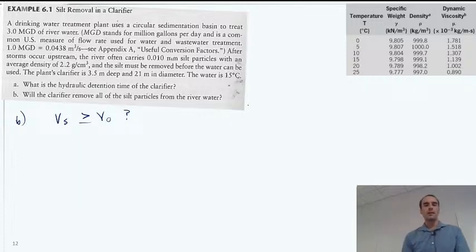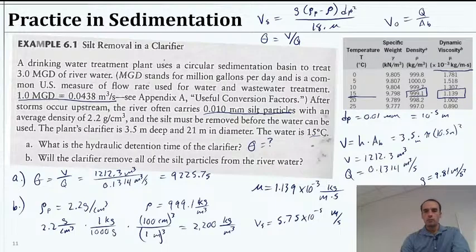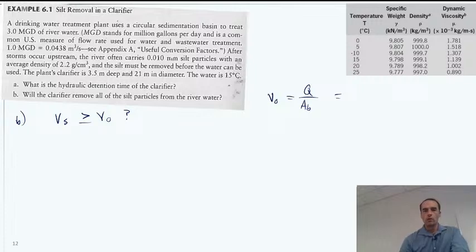So we have to find the design velocity, V naught, and we just learned this a little bit ago, right? This is Q over A_B. So the flow rate, we found that a minute ago, that's 0.1314 cubic meters per second. The area of the basin is going to be pi r squared.